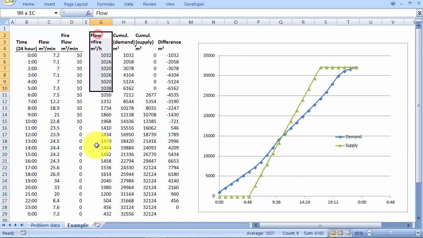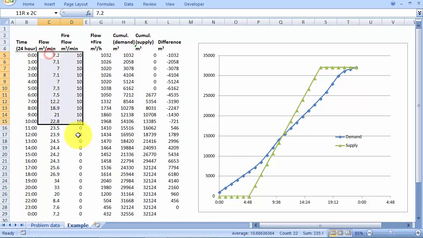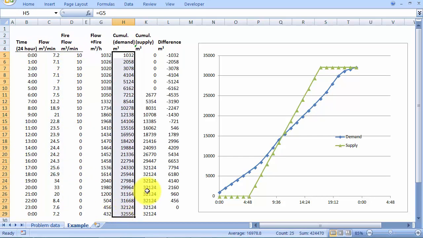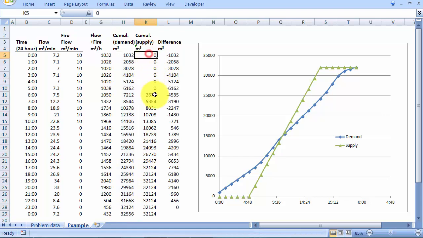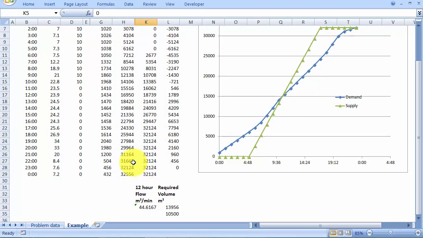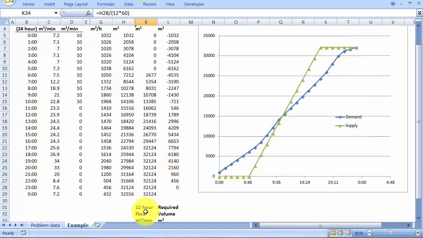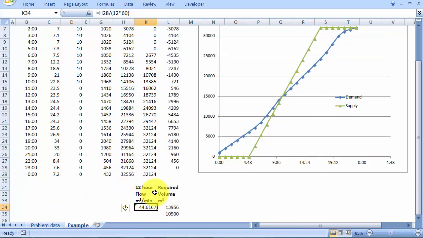We've got our flow rate there counting all of these values, and our cumulative demand for the day also counts the requirement for fire now. So we've automatically updated the flow rate that would be required there.